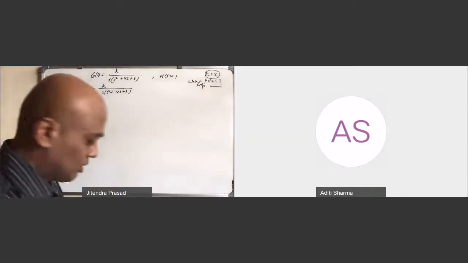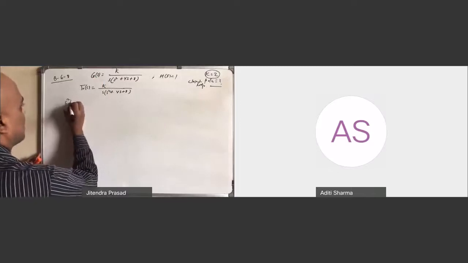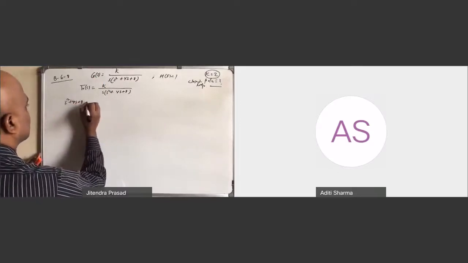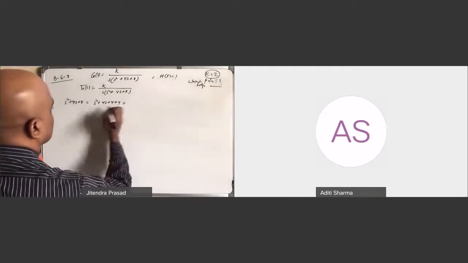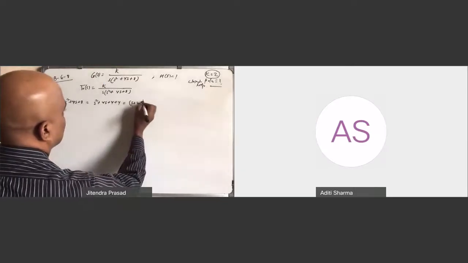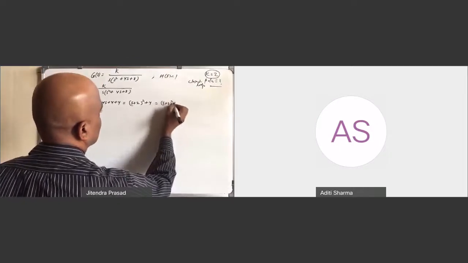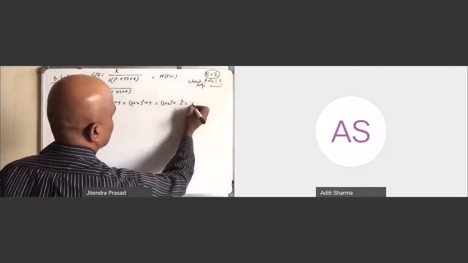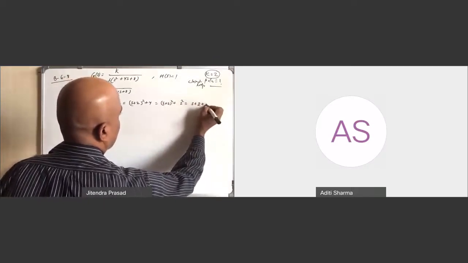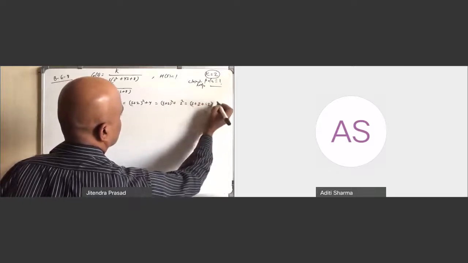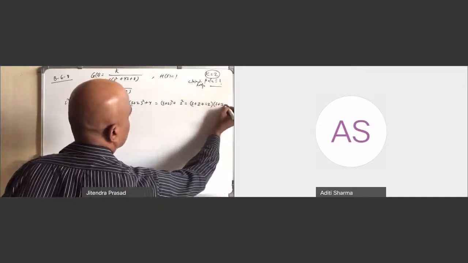We can identify all the poles. To start with, we have s square plus 4s plus 8 equal to s square plus 4s plus 4 plus 4, which is equal to s plus 2 squared plus 2 squared, which is equal to s plus 2 plus 2i, and then s plus 2 minus 2i.